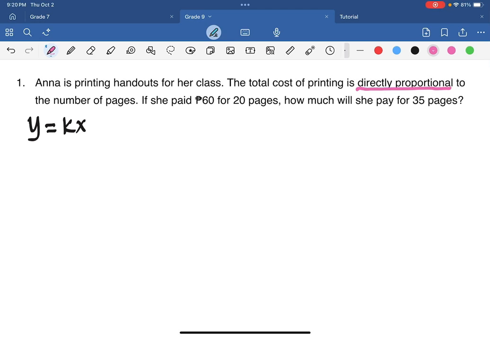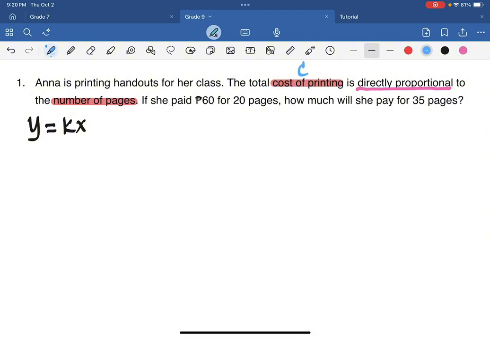Based on this, we can conclude that the cost of printing is our y, and the number of pages is our x. By the way, it is not just limited to y and x for the variables. We could write c for cost of printing and p for number of pages.